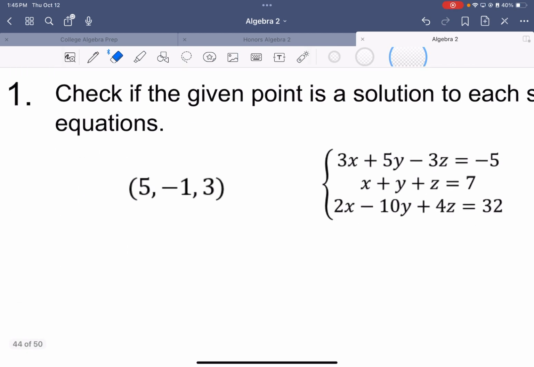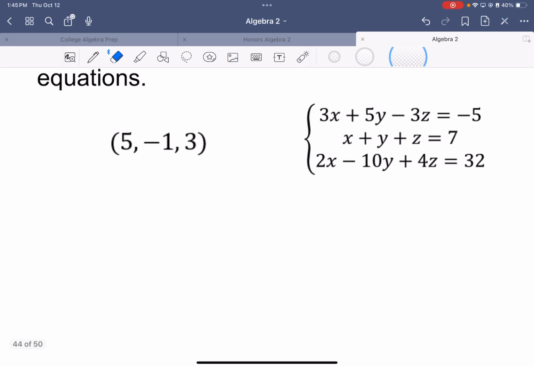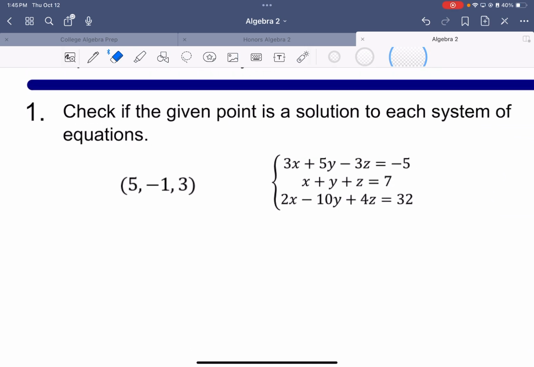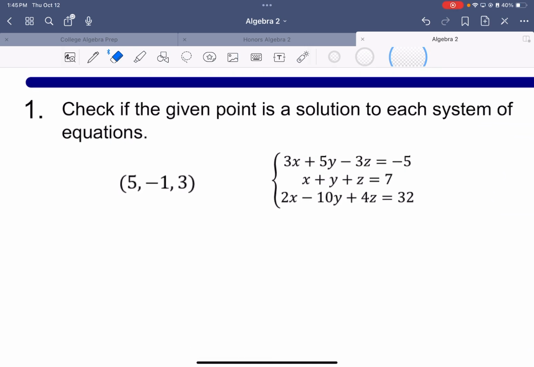So in the first case, this is kind of what we're going to look at. This question says, check if the given point is a solution to the system of equations. Now you'll notice that we have 3 variables, x, y, and z. So we have 3 unknowns.